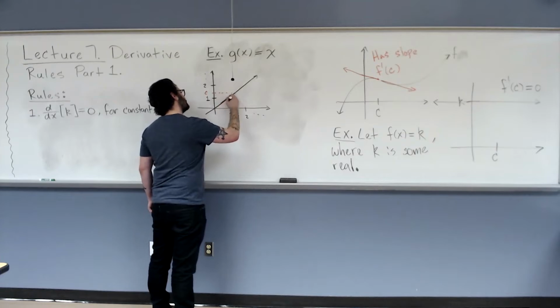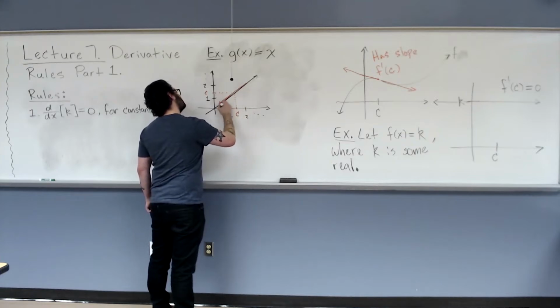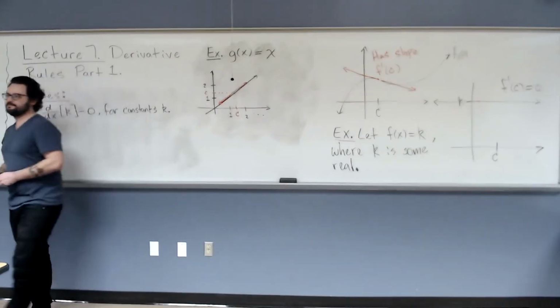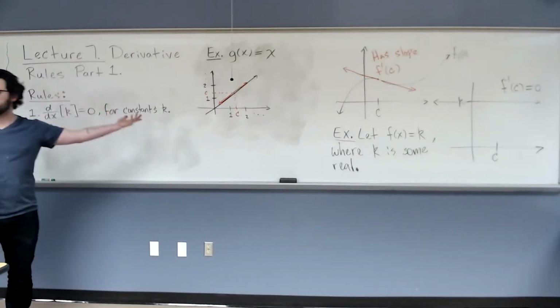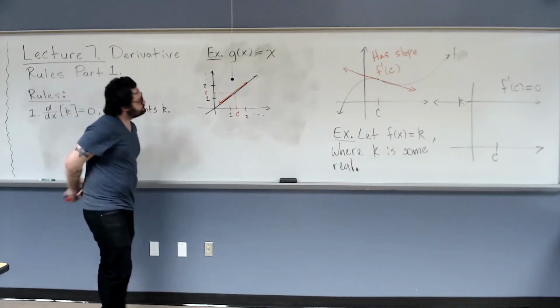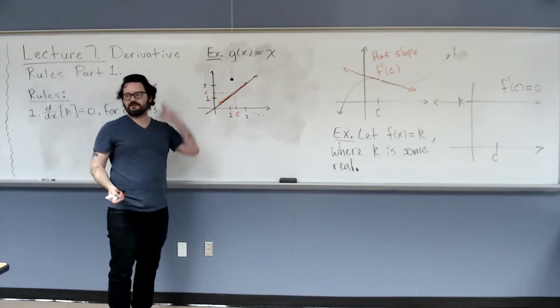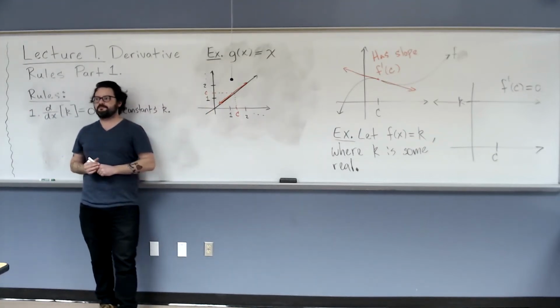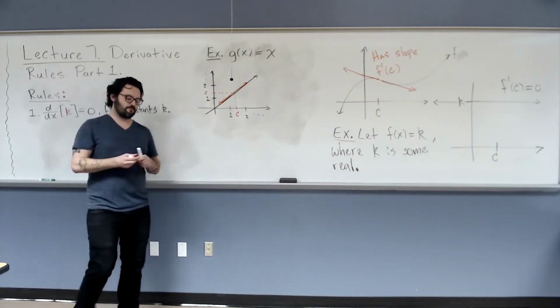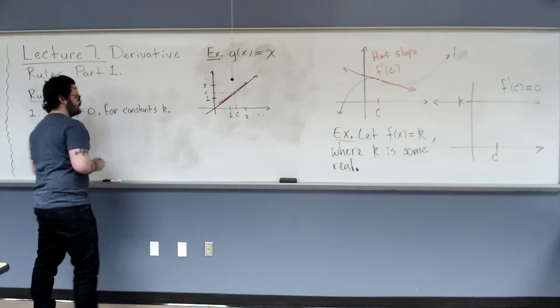What's the slope of the tangent line here? It's the same as the slope of the line, obviously, right? Hopefully that's obvious. So what's the slope of the line? It's just 1, right?